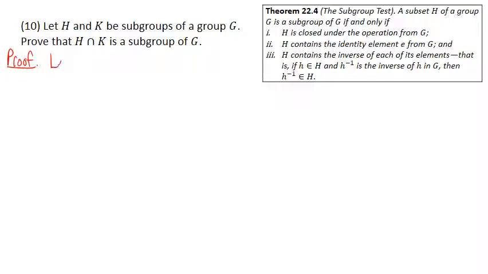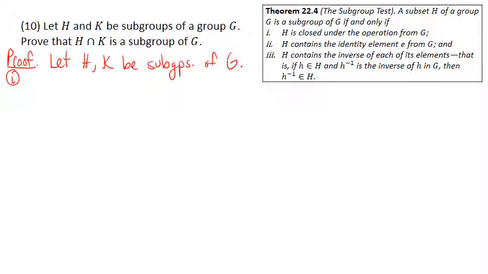So I'm just going to copy down the let statements. Let H, K be subgroups of G. Okay, so let's consider the intersection of H and K. I'm going to break this down into the three things that I have to show here.